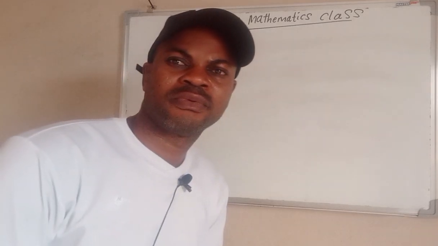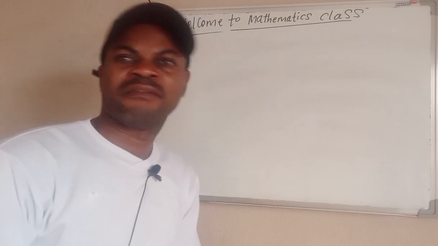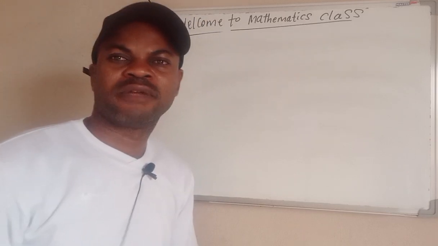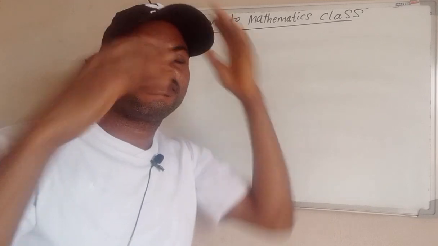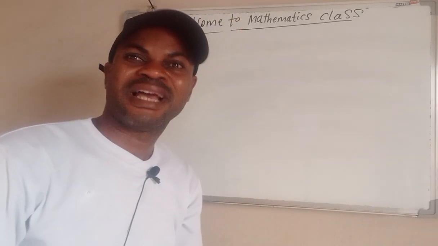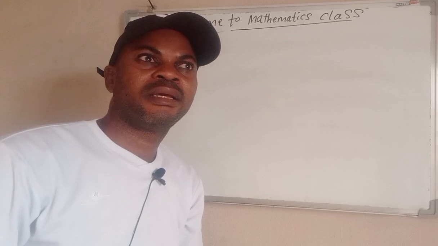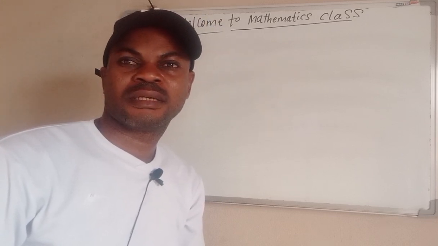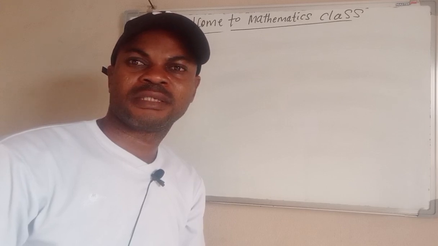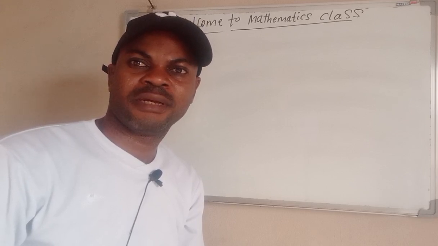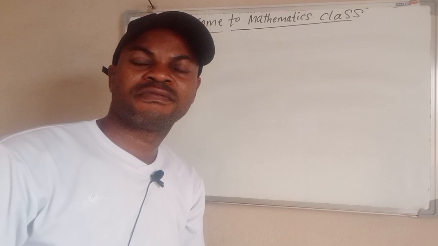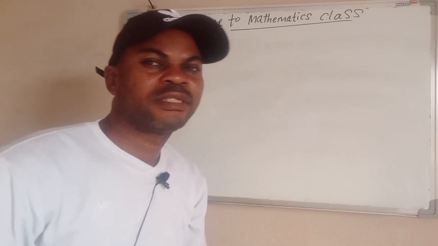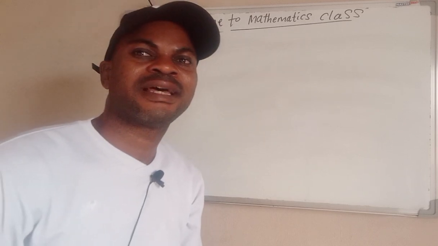So, just a few minutes of recap. In previous classes, we have been able to consider the concept of number base. What is number base? We also went further to talk about the various unique forms of number base we have in mathematics, like base 2, otherwise called binary, base 8 called octal, base 10 called decimal, the base 12 known as duodecimal, and we also considered base 16, the hexadecimal.